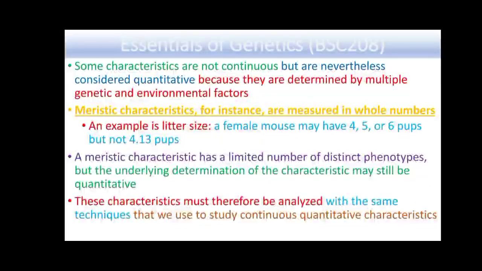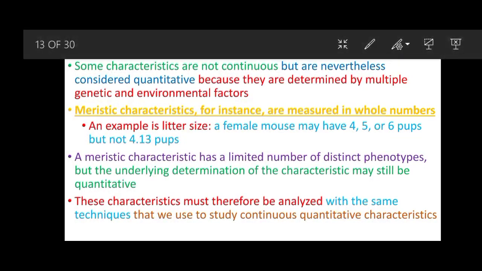Some characteristics are not continuous but are nevertheless considered quantitative because they are determined by multiple genetic and environmental factors.